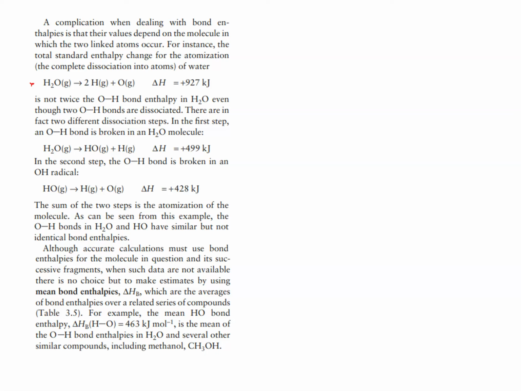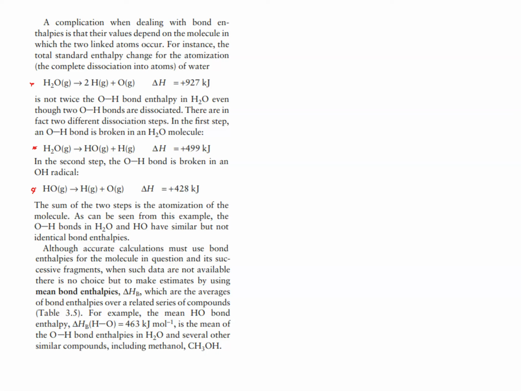In the first step, an OH bond is broken in the water molecule. And in the second step, the OH bond is broken in an OH radical. The sum of the two steps is the atomization of the molecule.